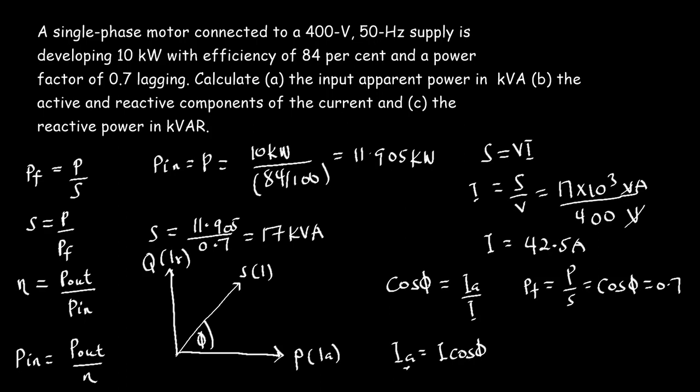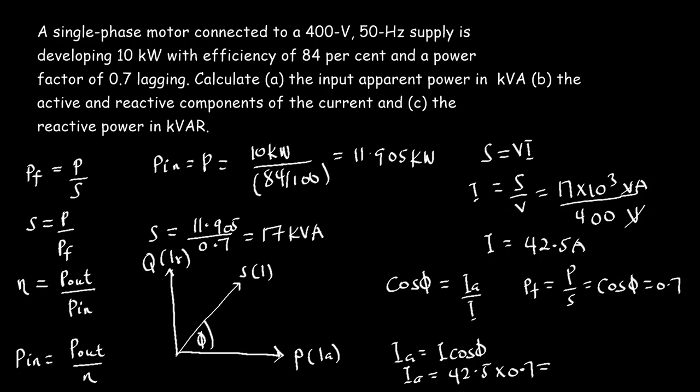From here we can see that the active current should be equal to the total current, which is 42.5, times cosine of phi, which is the same as the power factor, so that will be times 0.7. Let's simplify this.